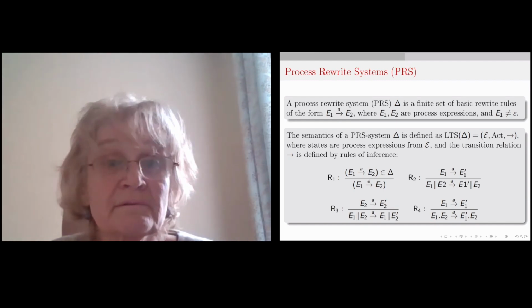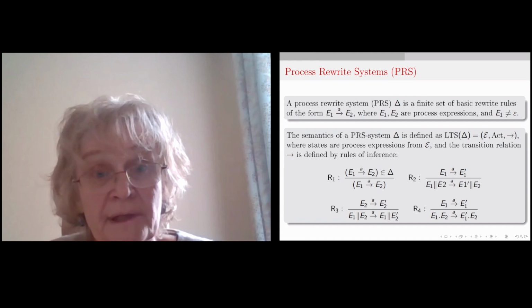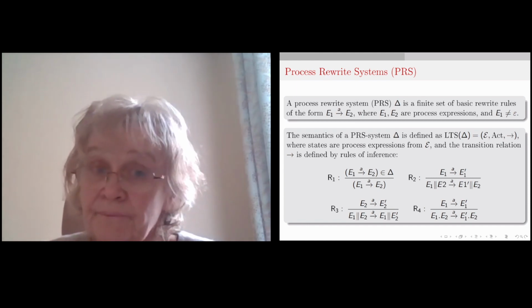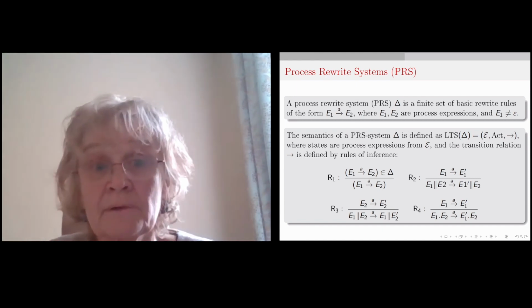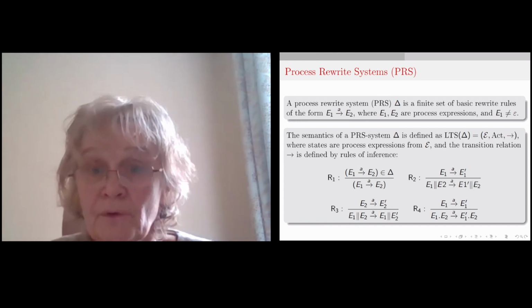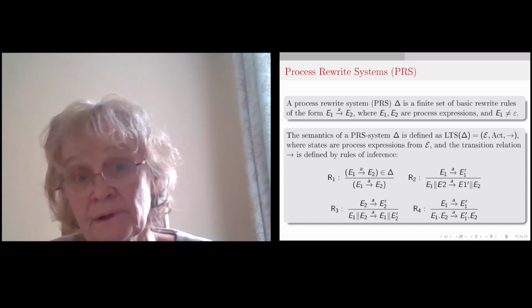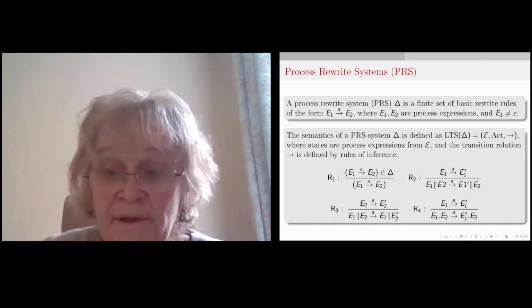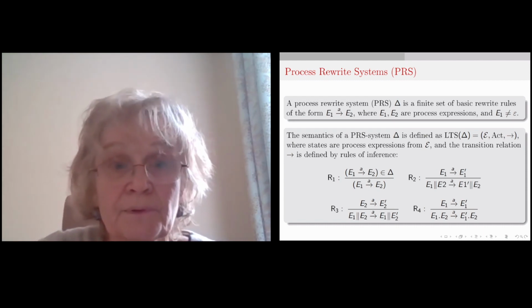So this is a rather general way of representing processes. And what is important, this system is not Turing complete. It is rather restricted, and reachability is decidable for such processes.